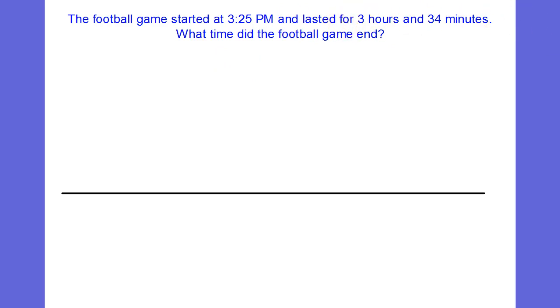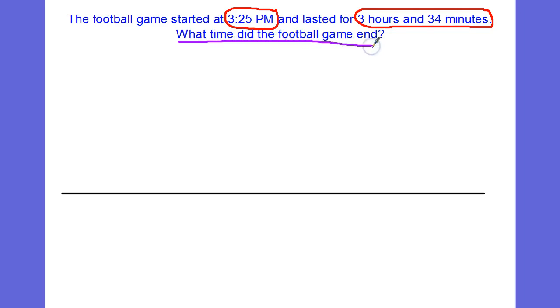Alright, so first of all, I'm going to go through and do my cube strategy. Circle my important numbers. My start time is 3:25. And I know that the game lasts for 3 hours and 34 minutes. I'm going to underline my question, which is, different color, sorry. What time did the football game end?